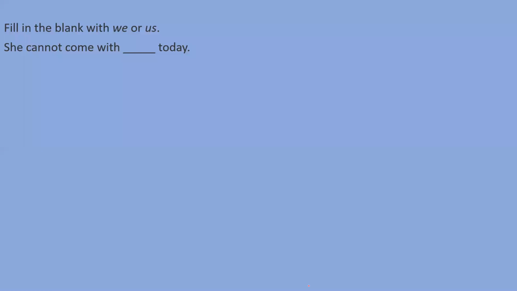Rihanna, you please tell me. Us. Yes, very good. Right answer. Us will come here because, as I have told you, after the preposition, and with is also a preposition, we need to write the objective case pronoun. That's why us will come here, not we. Right? Good answer.